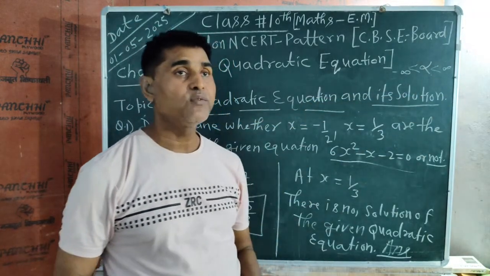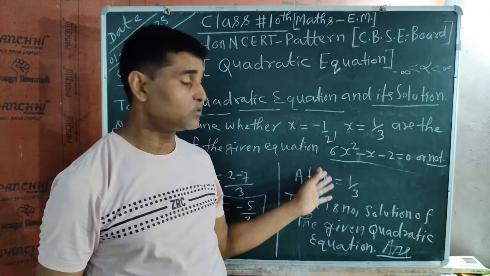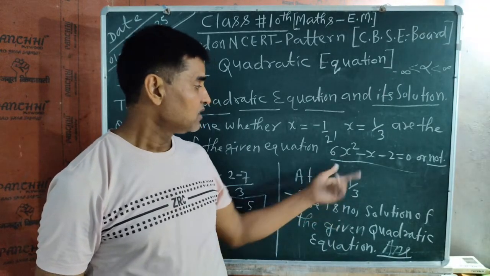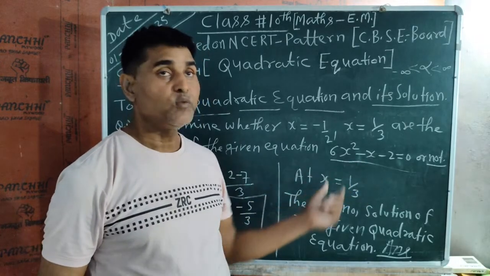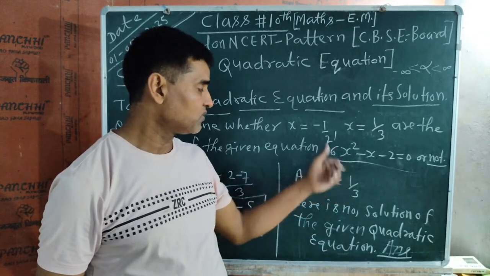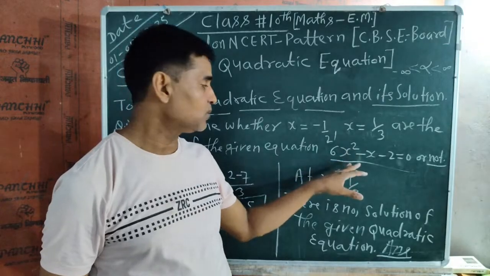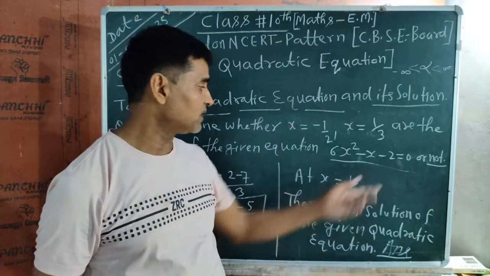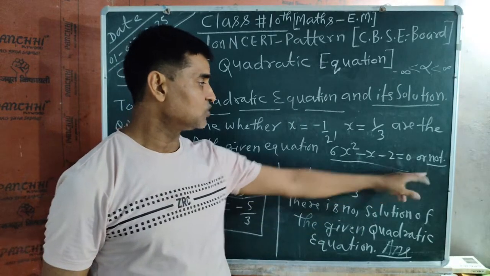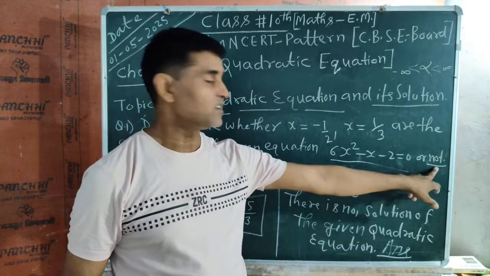If the value of f of alpha is equal to 0, then that point is the solution of the quadratic equation. If you calculate the value of that function at the given particular point and that function does not become 0, then you will say that it is not a solution of that quadratic equation.